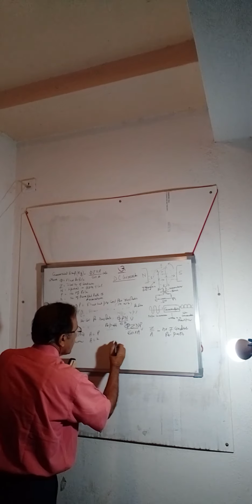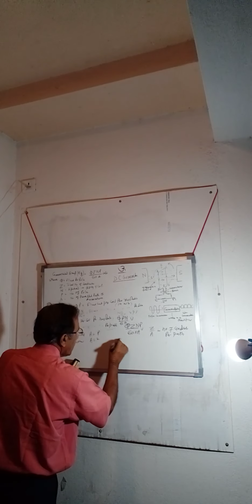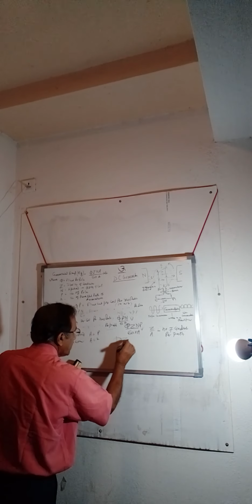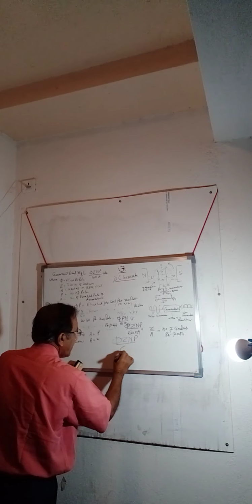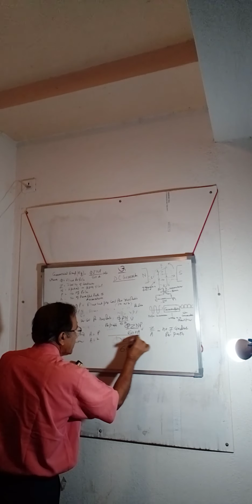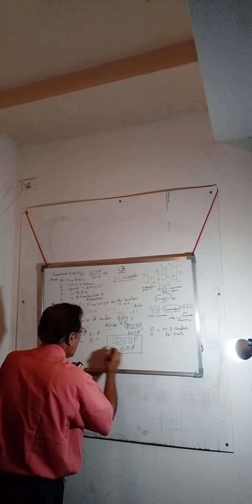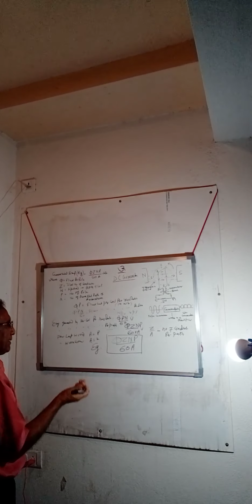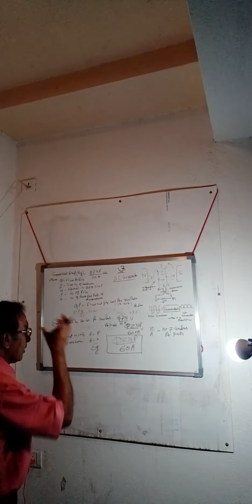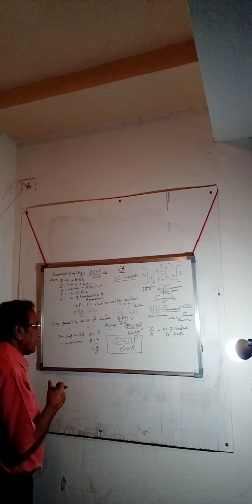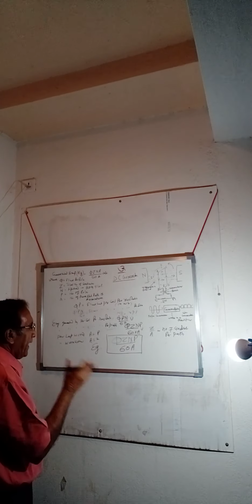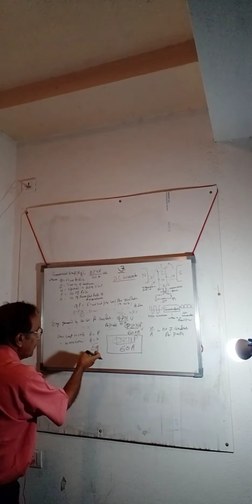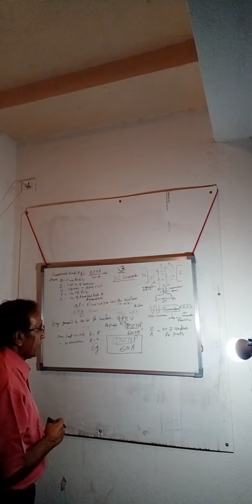So this final formula, φZNP by 60A, is the final formula for Eg. Now Eg is greater than the terminal voltage because there is some voltage drop in the generator. When we add the voltage drop to the terminal voltage, we get the generated voltage.